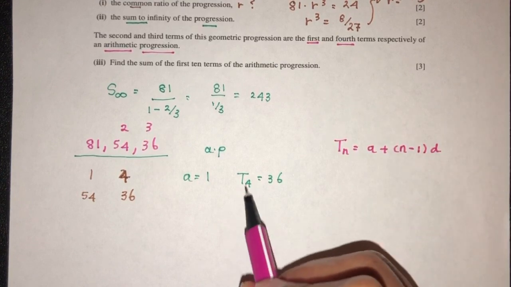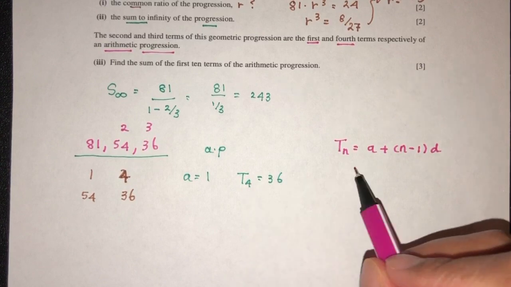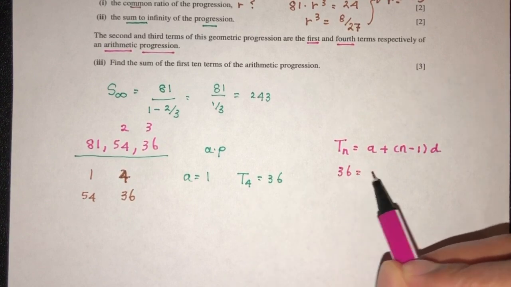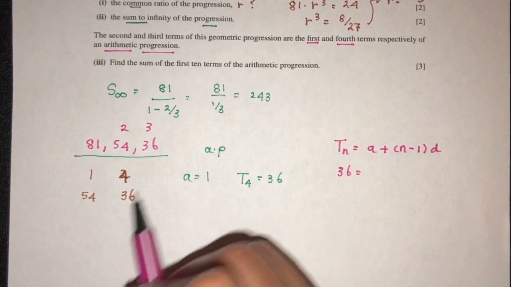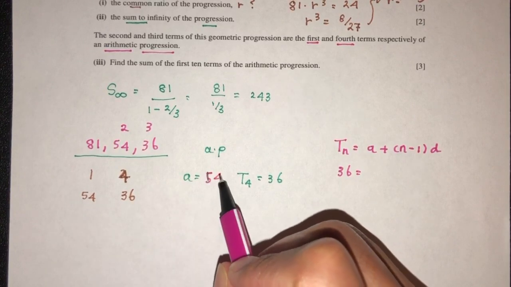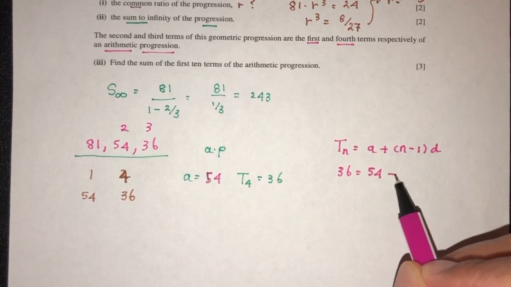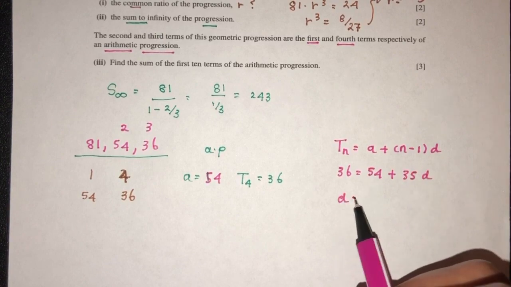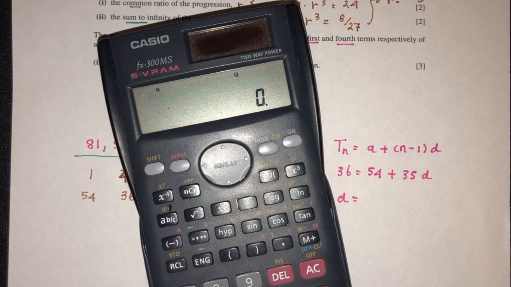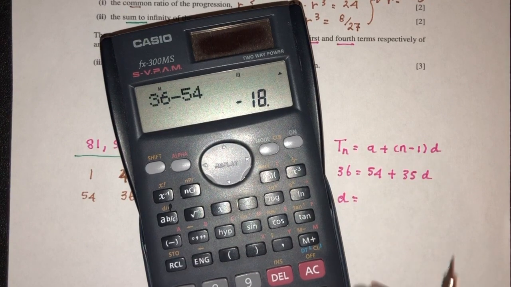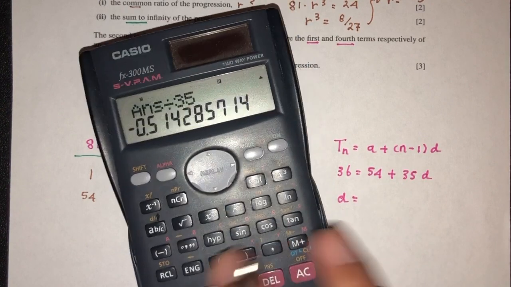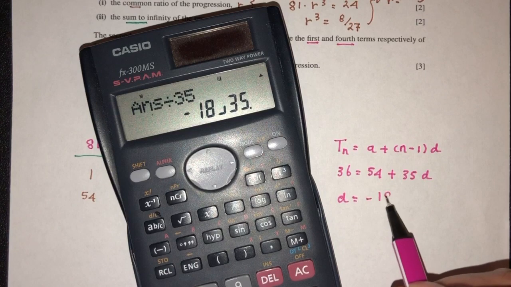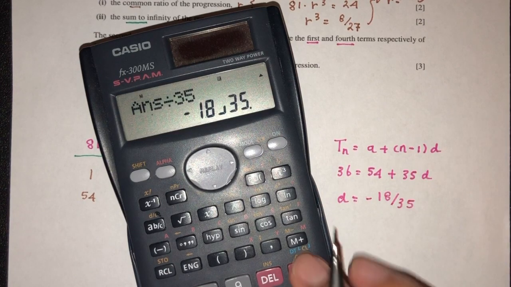So the fourth term, when n is equal to 4, will be 36. a is 54, so 54 plus (n minus 1) will be 35 d, so we can find d pretty easily. So 36 minus 54 divided by 35, that should be minus 18 over 35 for the value of d.